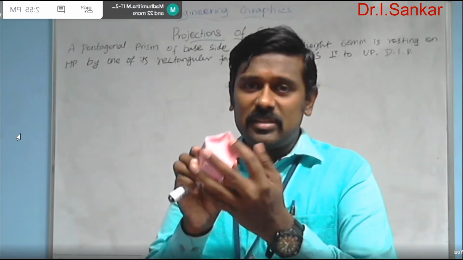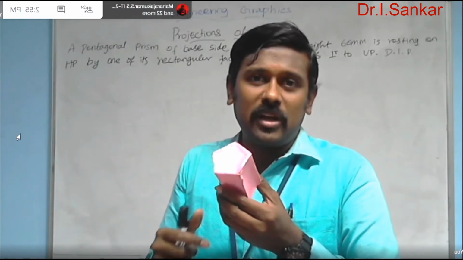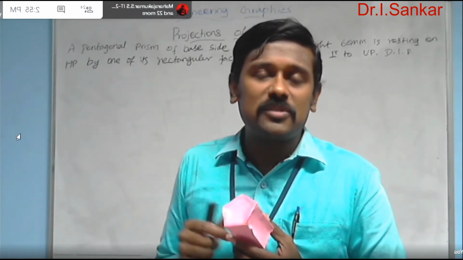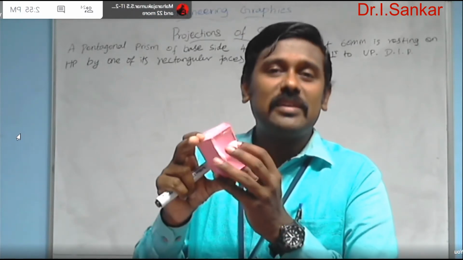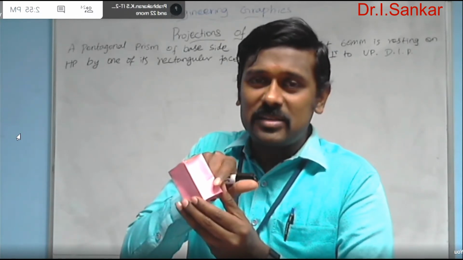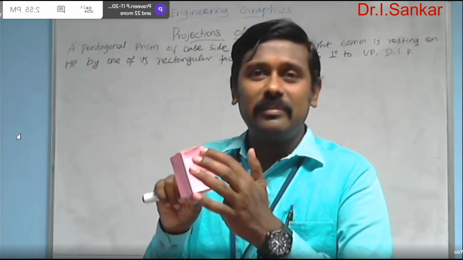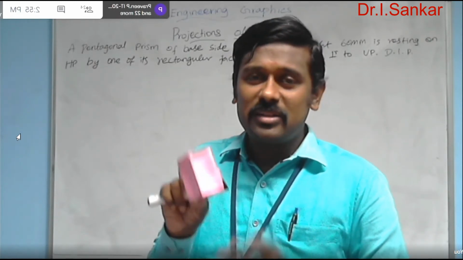The base is in the shape of pentagon. The face is also in the shape of pentagon. Where you can find the rectangular face from that solid? The side faces. The shape of the side face of this pentagonal prism is in the shape rectangle.